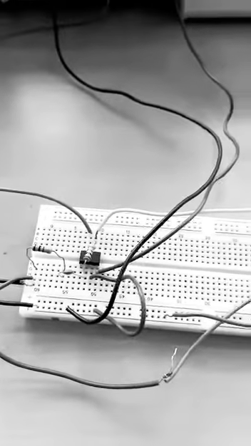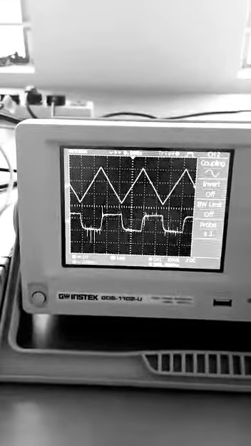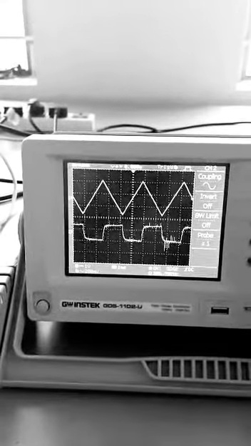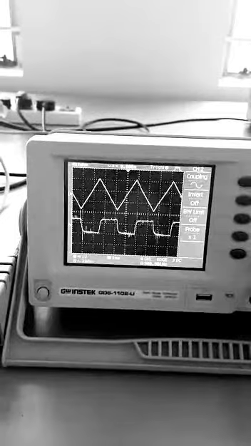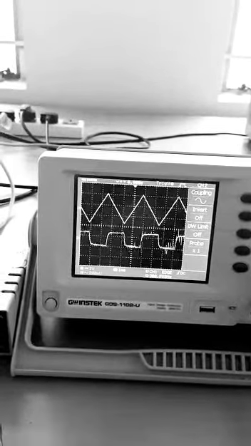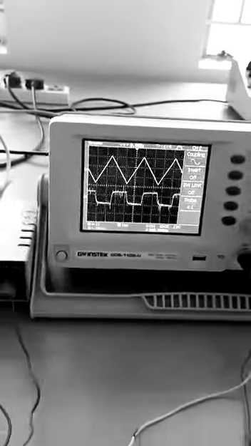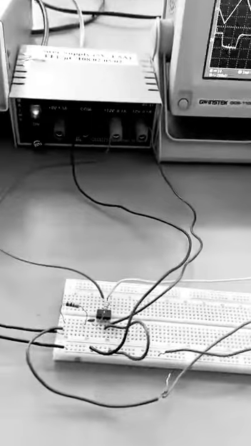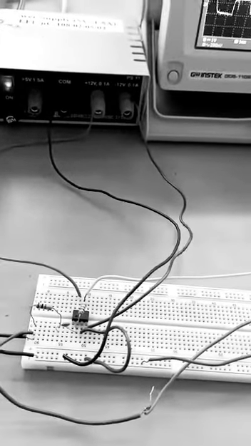So this circuit is operating, and you can see the output on the screen of the DSO. For an input of triangular wave, the square wave output can be observed on the screen. Hence, we conclude that the op-amp can be used as a differentiator circuit. Thank you.